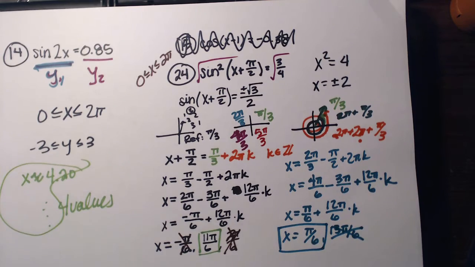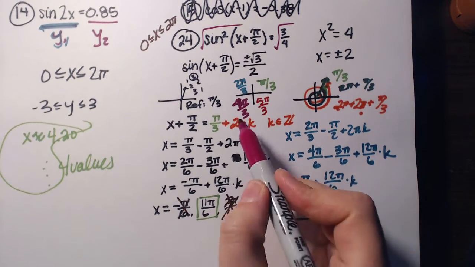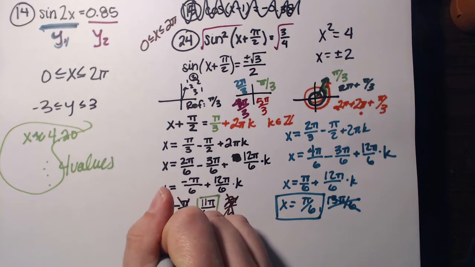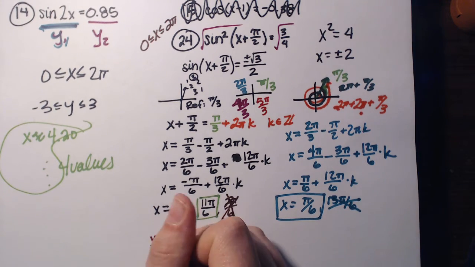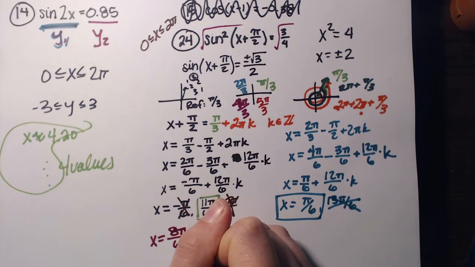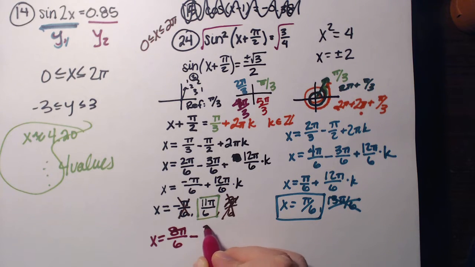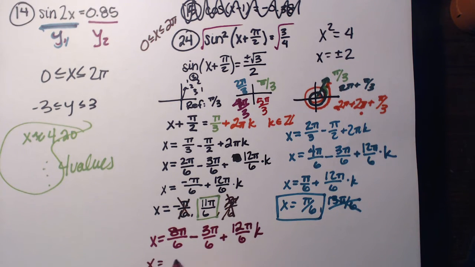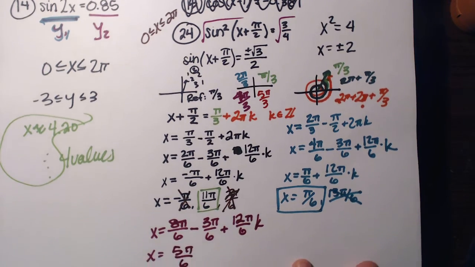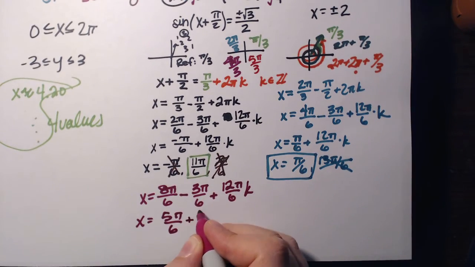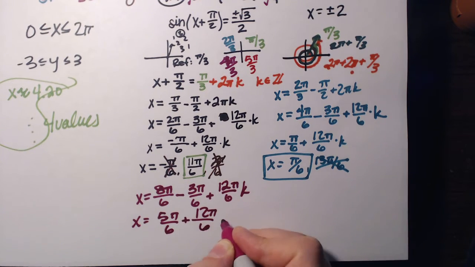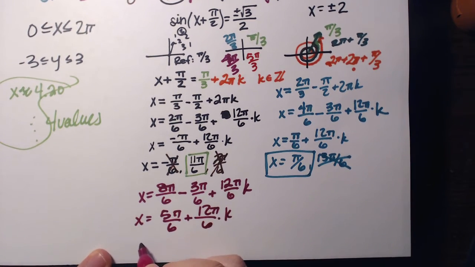So then we're going to look at the 4 pi thirds. I'm going to rewrite that in terms of something over 6. So that's 8 pi sixths. And then I'm just going to rewrite the rest of the commonality. So 3 pi sixths plus 12 pi sixths times k. And I get 5 pi sixths. So then x is equal to 5 pi sixths.